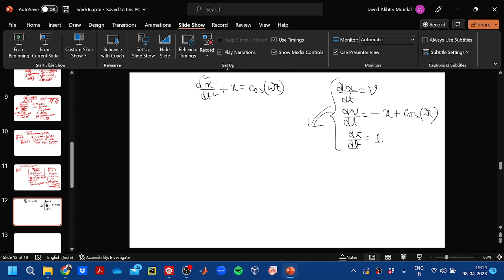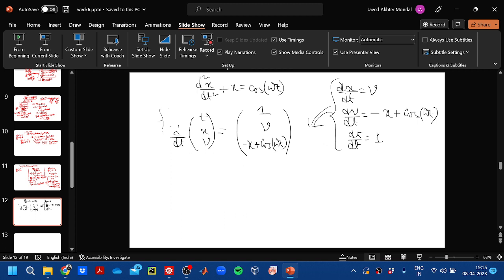we will write down as a matrix method. You can write down any number of differential equations in matrix form. So this we can write down as this. d dt of x v. Just first let me write down, and then I will explain. So here we will have 1, v, minus x plus cosine of omega t.